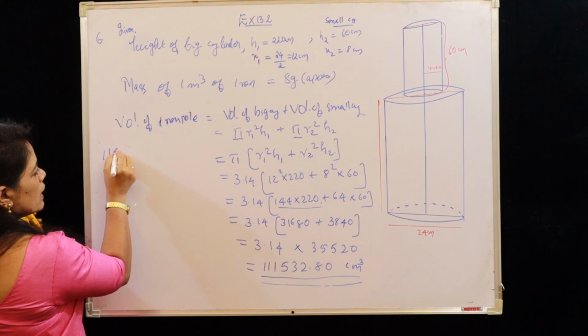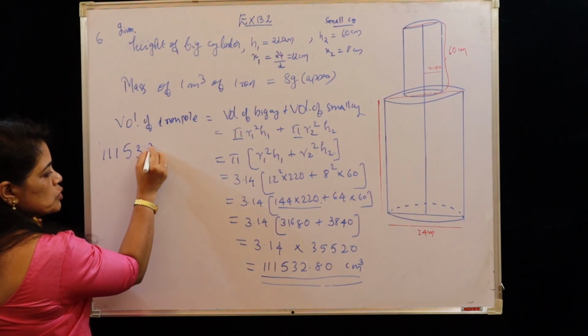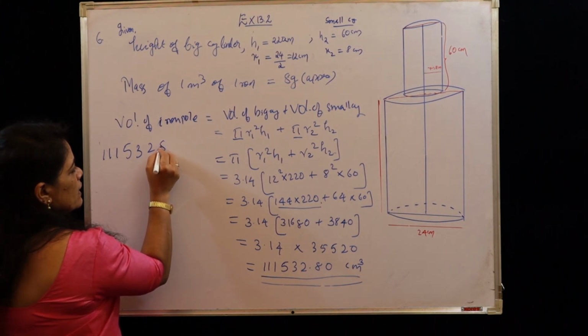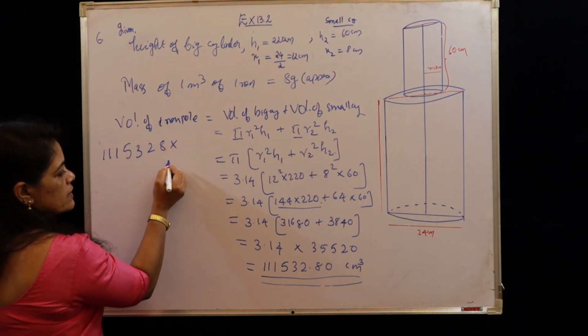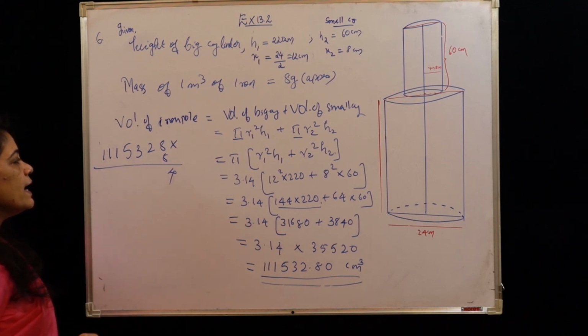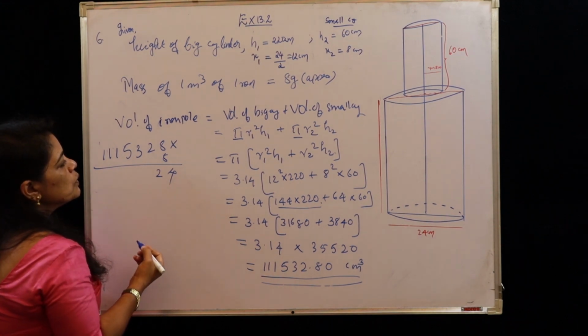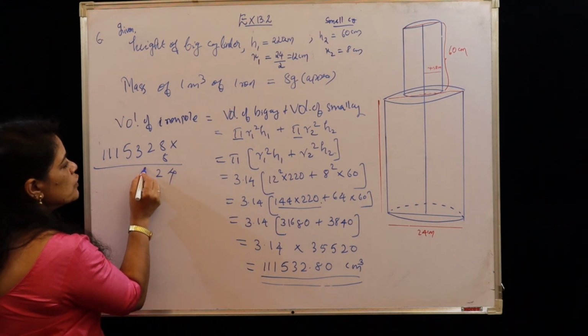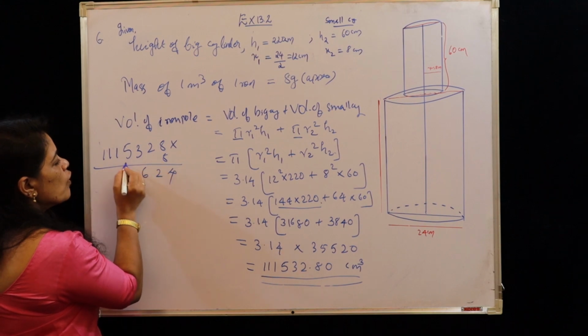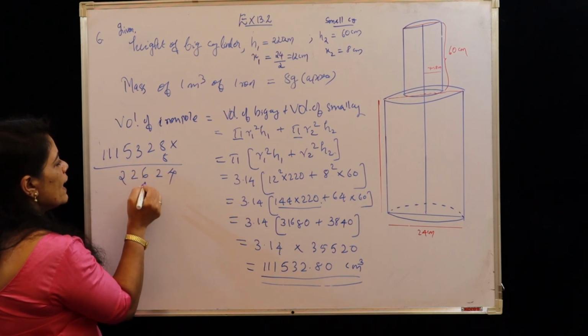So 532, 8 into 8. 64, 6 carries, so 16, 6, 22, then 2 carries, 24, 26, 2 carry, 40, 42, 4 carries, 8, 12, 1 carry.